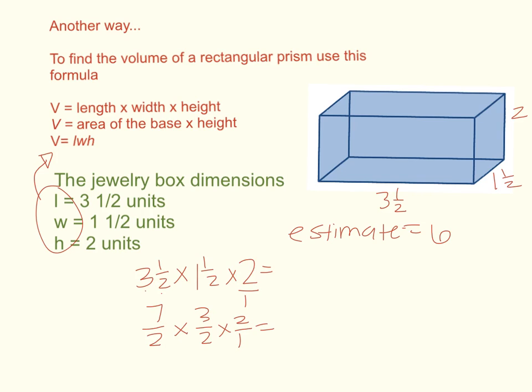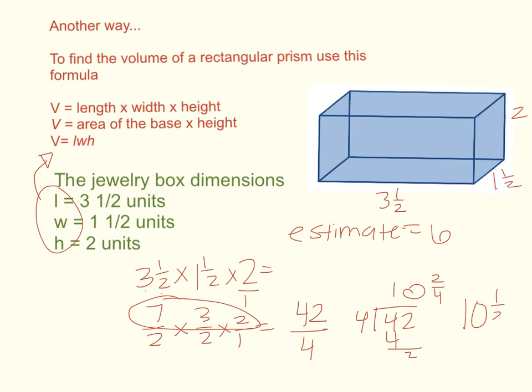Okay. 7 times 3 times 2 is 42. 2 times 2 times 1 is 4. I need to divide that back in. 10 and then looks like 10 and 2/4 or 10 and 1/2.